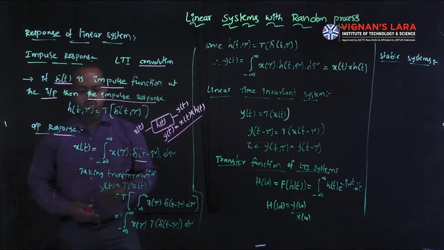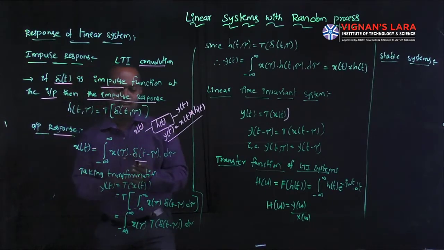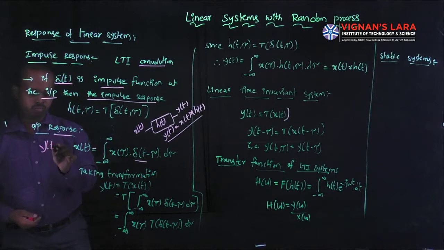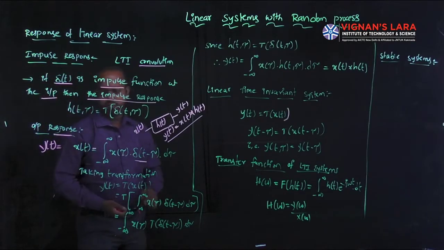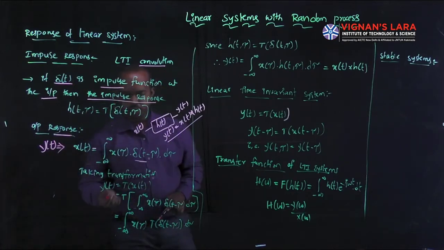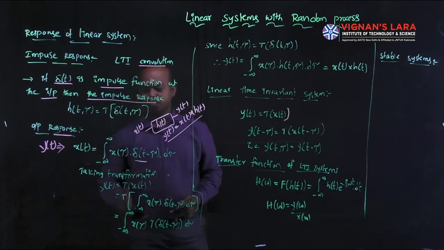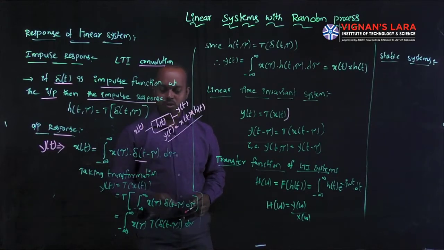By taking the transformation on this signal, we take y(t). y(t) is equal to the convolution between x(t) and delta(t). By taking the transformation, y(t) is equal to the transformation of x(t), which we already wrote as the integral from minus infinity to plus infinity of x(tau) delta(t minus tau) d tau.